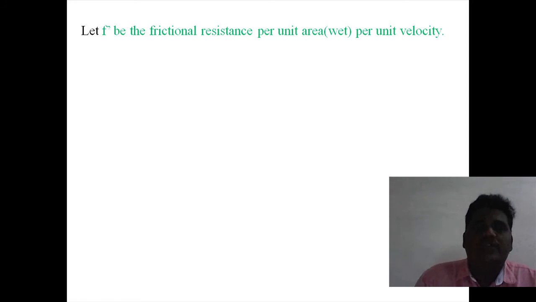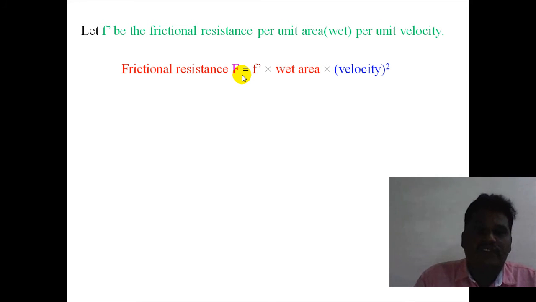Now F dash is the frictional resistance acting per unit area along the wetted surface per unit velocity. Frictional resistance F is equal to F dash multiplied by the wetted area multiplied by velocity square.